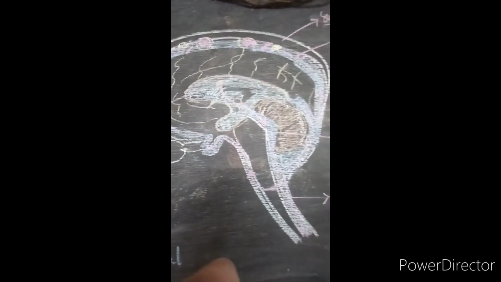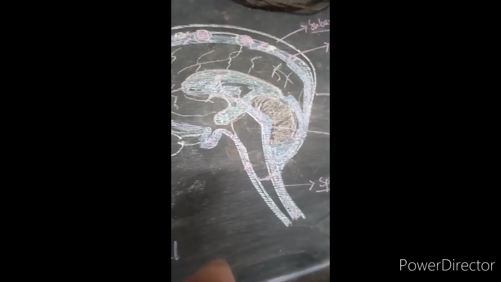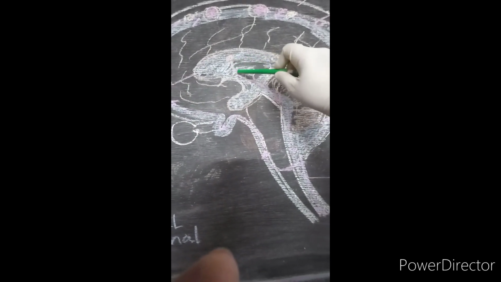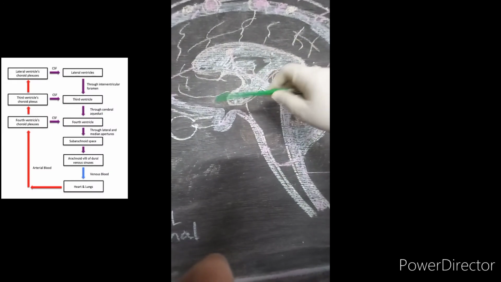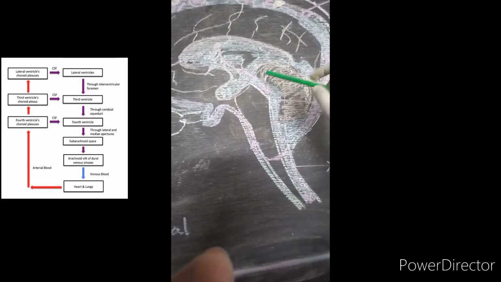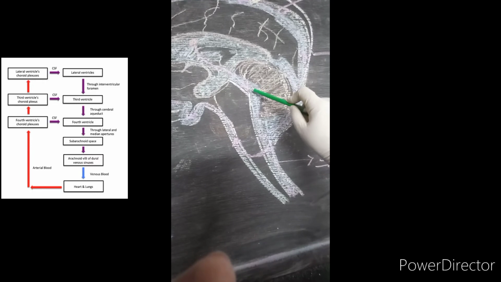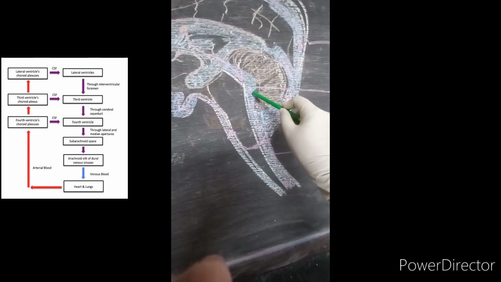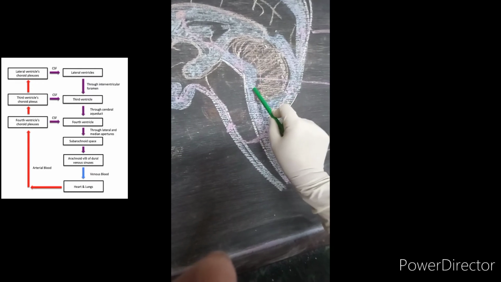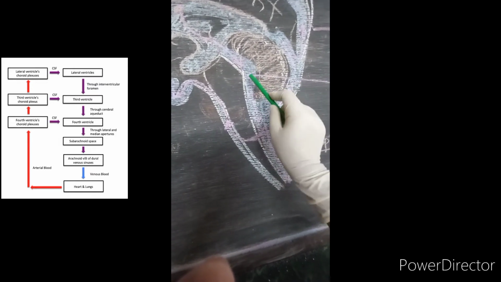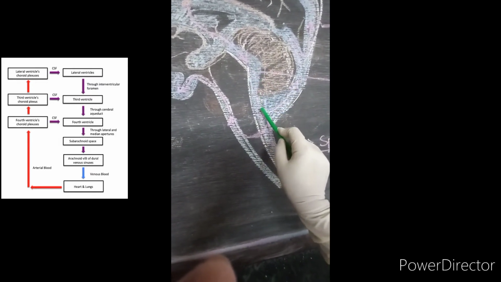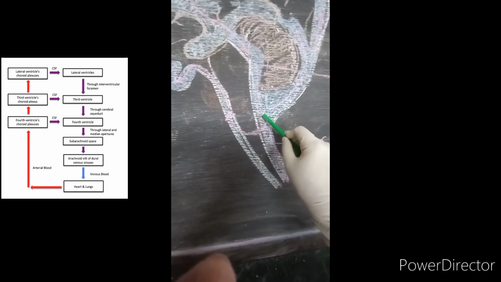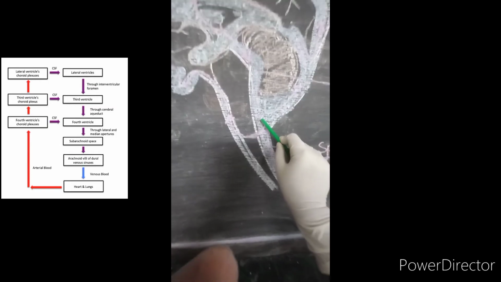So, it is formed by the choroid plexus of the lateral ventricle, then it traverses through the interventricular foramen of Monro into the third ventricle, then it goes along the cerebral aqueduct of Sylvius into the fourth ventricle. This is the fourth ventricle. Then from the fourth ventricle, it goes into the subarachnoid space through the foramen of Luschka and foramen of Magendie.